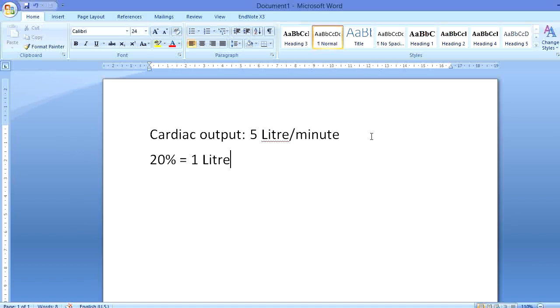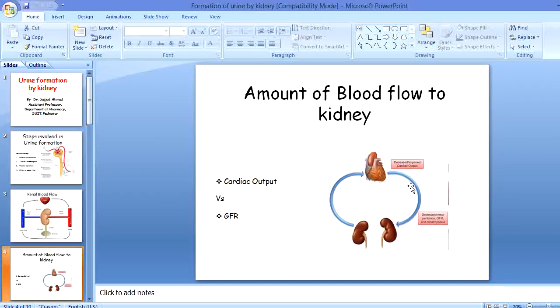Okay, we know that 1 liter of blood goes from the heart to the kidney per unit time, because 20% of the cardiac output reaches the kidney per minute. 20% means 1 liter of blood reaches the kidney per minute.